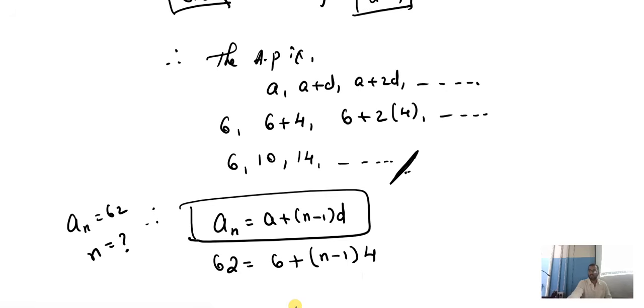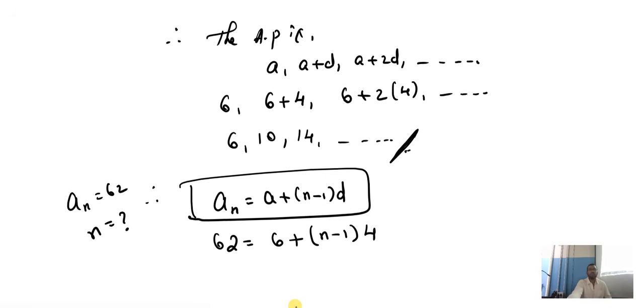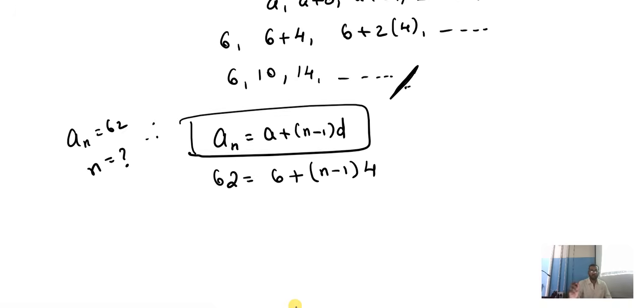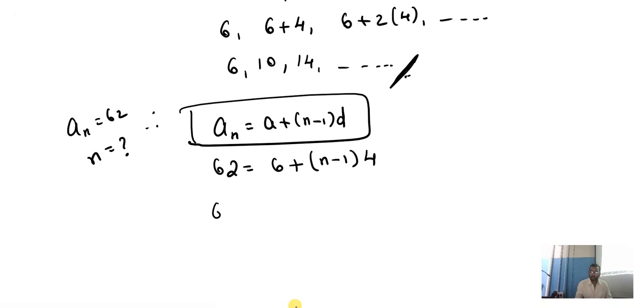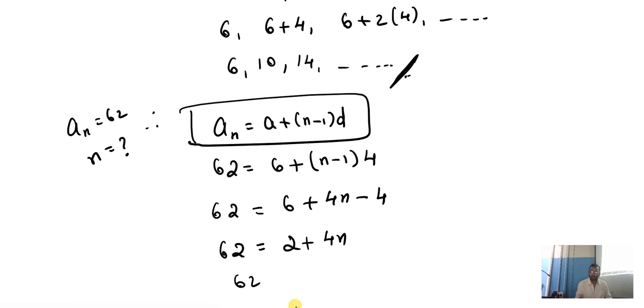Understood? Great. Now 62 is equal to 6 plus 4 into n, 4n minus 4 ones are 4. 62 is equal to 6 minus 4 is 2 plus 4n. 62 minus 2 comes this side, that is equal to 4n.